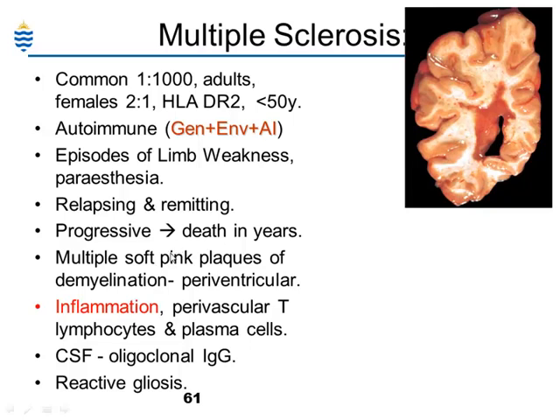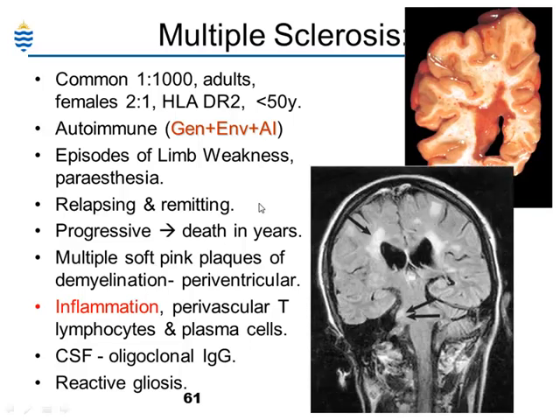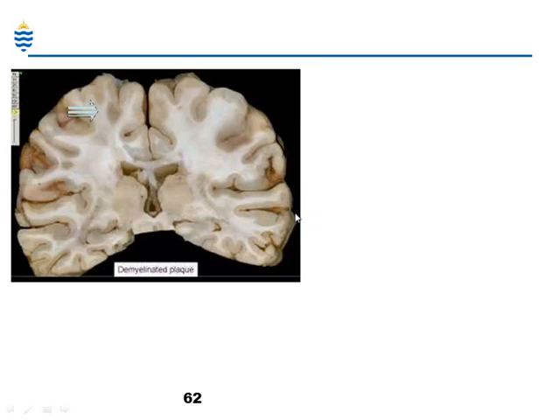Microscopically it will be really inflammation with destruction of the myelin, and on an MRI it shows up as inflammatory plaques surrounding the ventricles. So, progressive, with every attack there is some improvement, but with some residual paralysis, usually movement and eye movement involvement. CSF shows increased IgG because it is autoimmune.